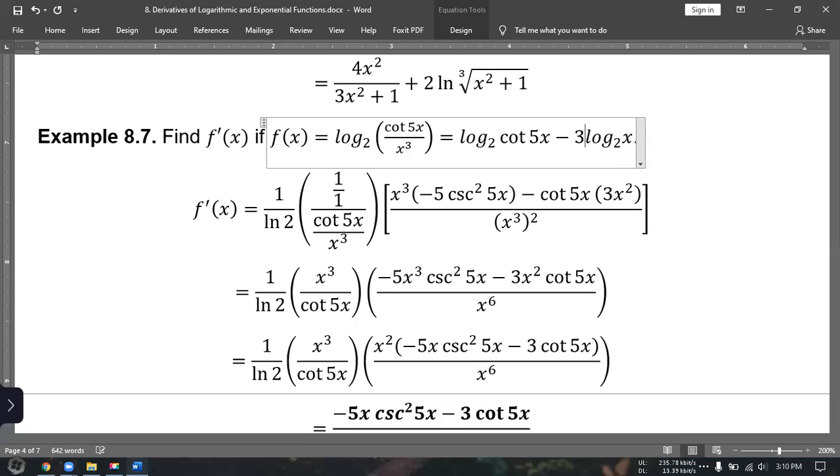Okay, so we have 3 logarithm of x base 2. And then just apply the differentiation rule.